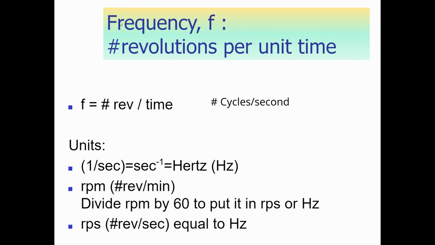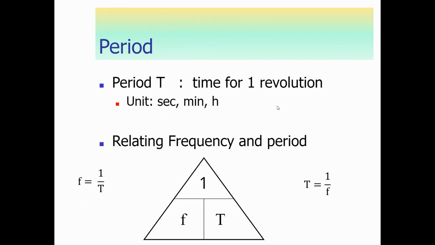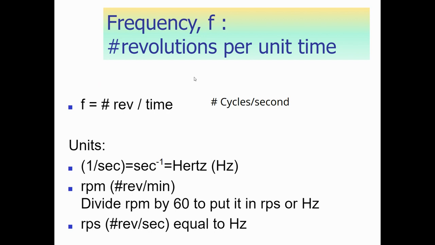You do want to write down frequency. Frequency, lowercase f, is defined as the number of revolutions per time, the number of cycles per second. So if they said someone runs around a track 30 times in 1200 seconds, what is the frequency?